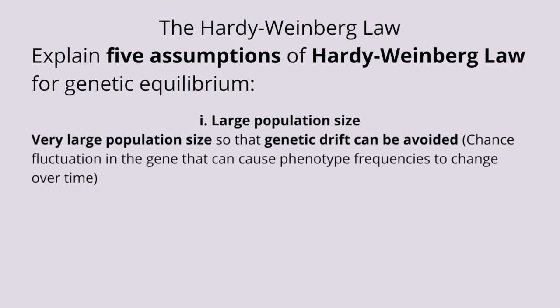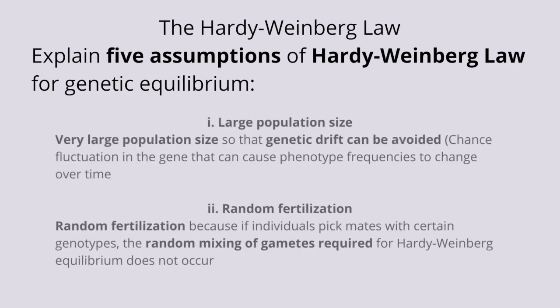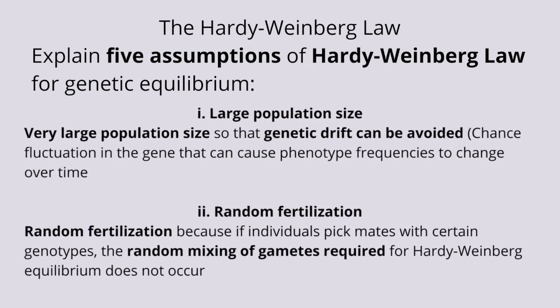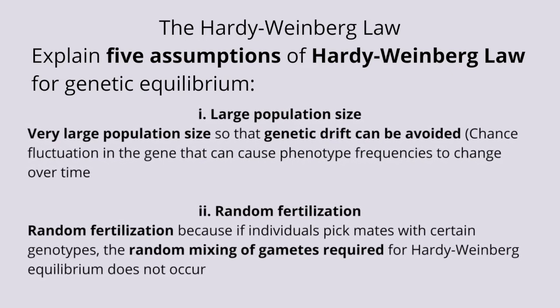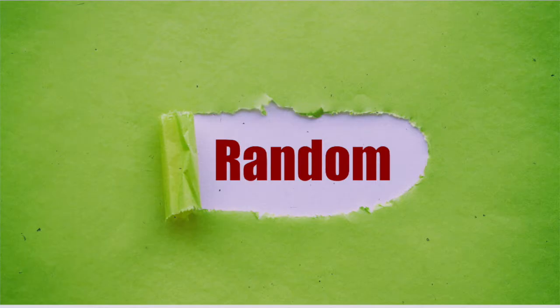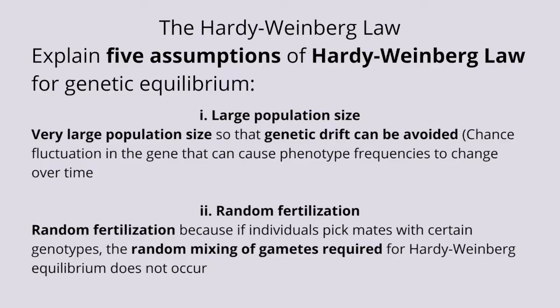The second assumption is random fertilization or random mating. That involves the mating of individuals regardless of genotype and phenotype. All of the individuals within that population will have an equal chance of being selected and passing their genes into the next generation.